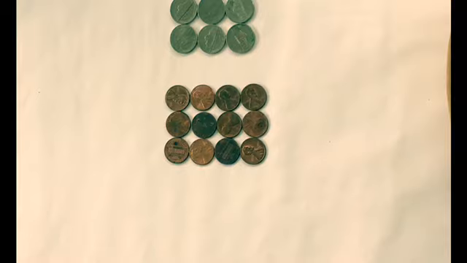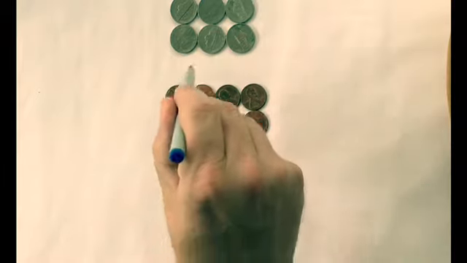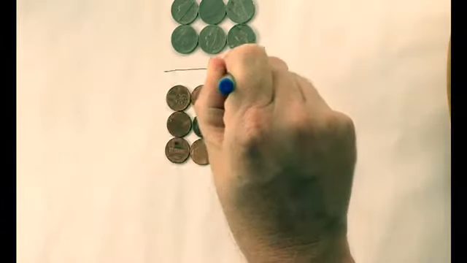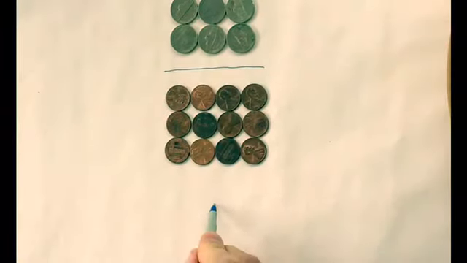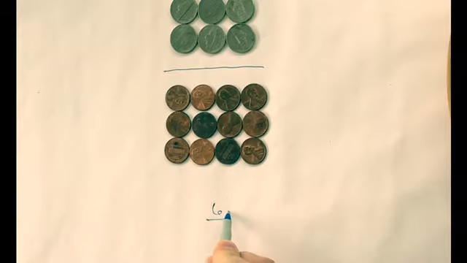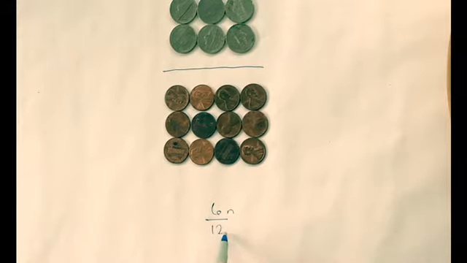But I was looking at it and thinking, okay, 6 nickels compared to 12 pennies is the same as just having a fraction. So I have 6 nickels and 12 pennies. I basically have a fraction. I have a ratio. I've compared the number of nickels to the number of pennies.